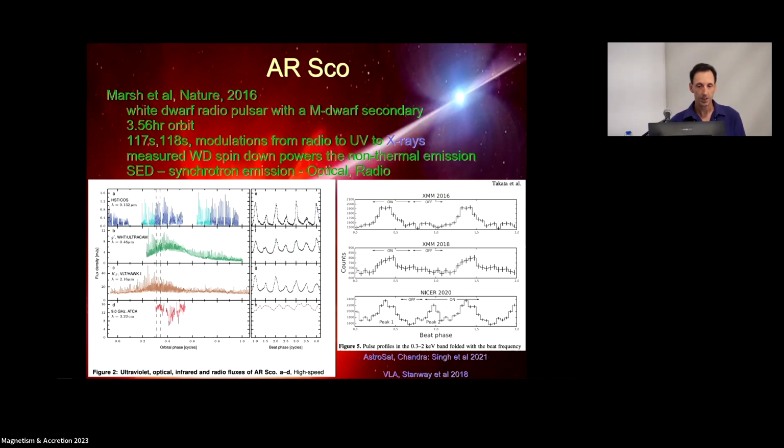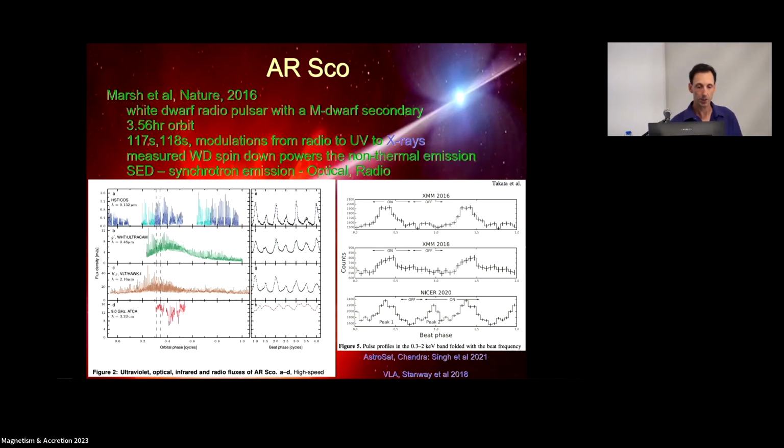So instead, this was proposed by Marsh et al. in Nature in 2016 to be the first so-called white dwarf radio pulsar. And so the emission from the UV all the way to the radio is thought to be of synchrotron origin.